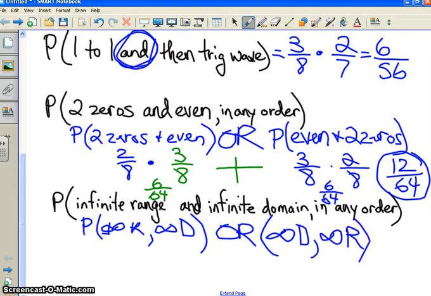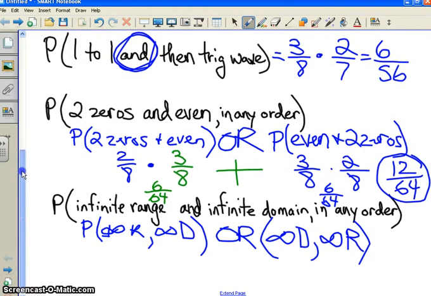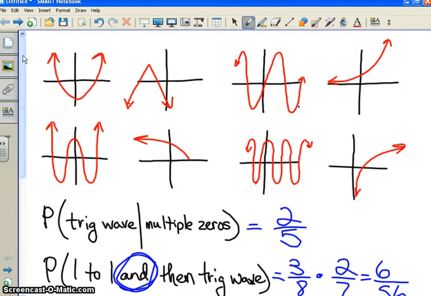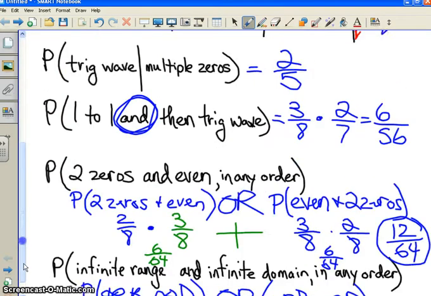This one we'll do without replacement. So on my first draw, my chance of picking one with an infinite range, or a function that goes forever up and down, is just the logarithmic function. So just 1 out of 8.